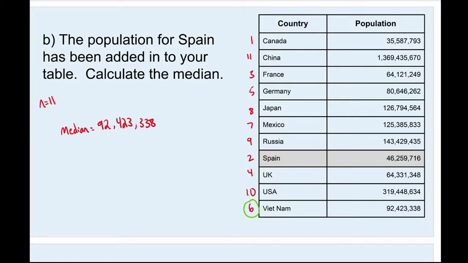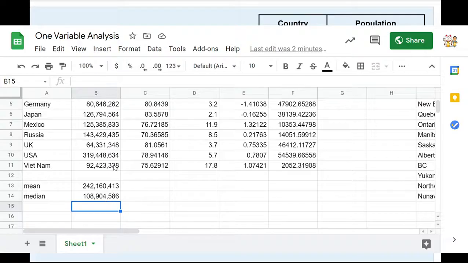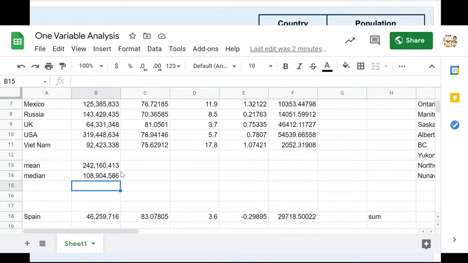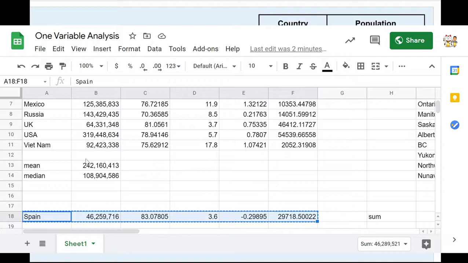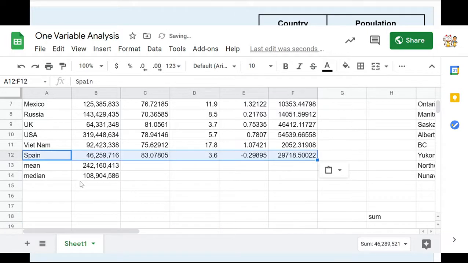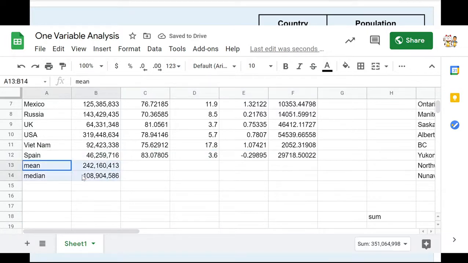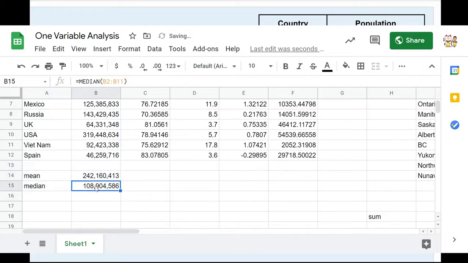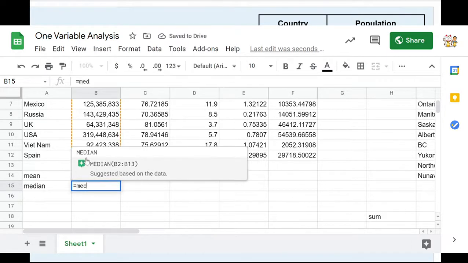Again, we can use the exact same thing with Google Sheets without regard for ordering or counting. So I'm going to copy in Spain's values. Let's just move these down a bit. I'm just going to delete this and restart. So again, I'm looking for the median.